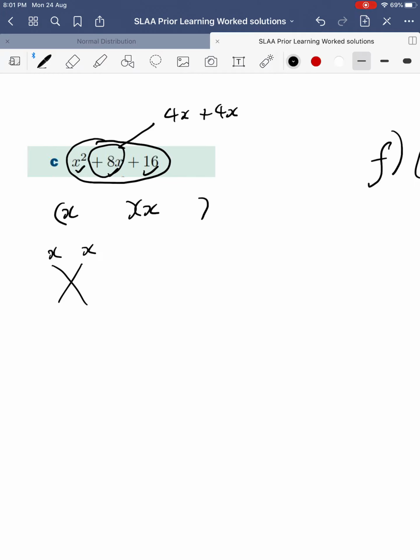Whatever method you've got for factorising quadratics, just use it, and I'll have a look over the next few weeks at your techniques. But this is definitely x and x. This is plus 4 and plus 4, and therefore we can write that in a tidier fashion. It's x plus 4 multiplied by itself, so that means it's all squared.